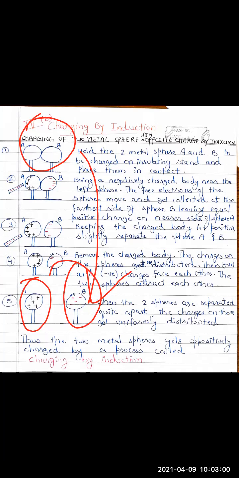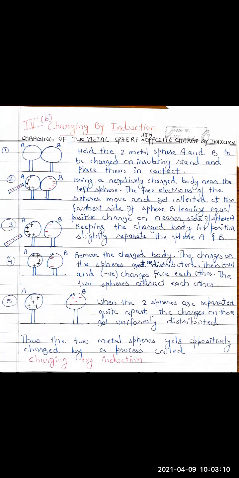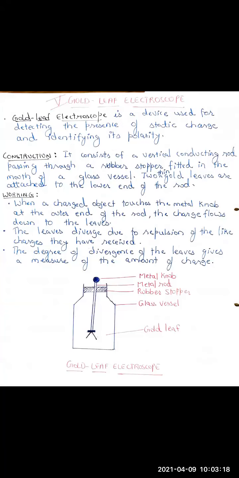So the two metal spheres are oppositely charged, and this process is your charging by induction. Right children? Now let's cover the next topic, a very interesting topic, the gold leaf electroscope.